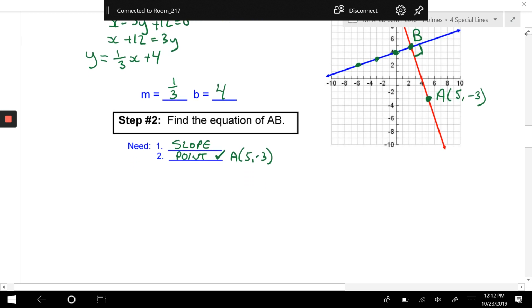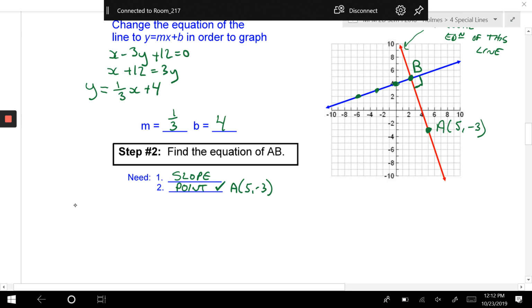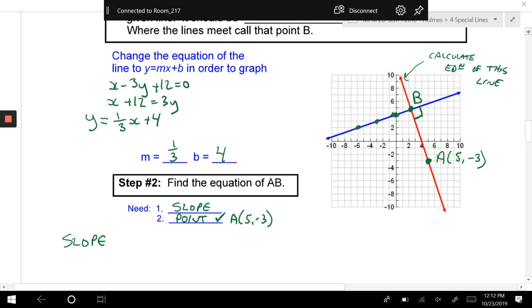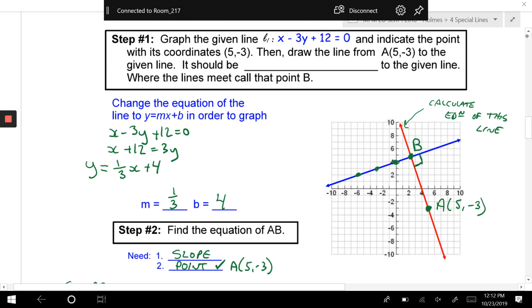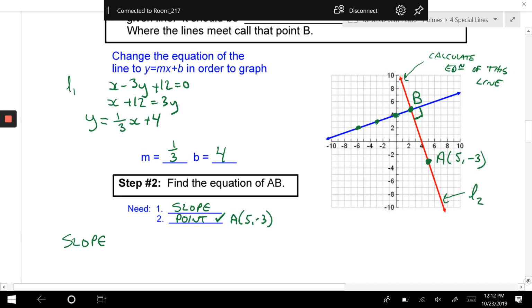All right, so in order for me to get my slope, I'm going to call my red line here linear equation 2. How do I calculate the slope of my linear equation 2?